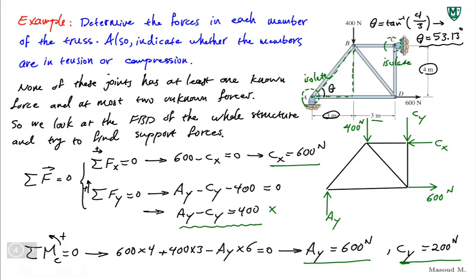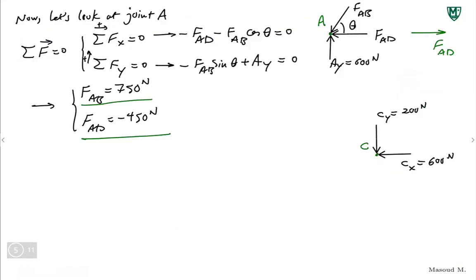CD would be under tension. So if this is C and this is D, we're pulling it this way. So your logic would be, well, CD, the length is going to increase, right? So you say CD is under tension. If it's under tension, we are going to pull it this way. So what would be the direction of the force on point C?